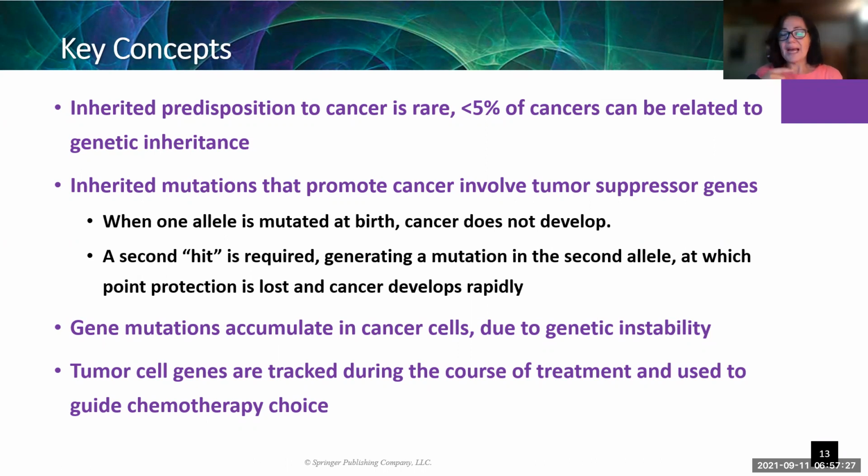And so as treatment for cancer continues with a particular patient, you may see the evolution of this cancer. There may be more mutations that arise, and you have to go after the cancer cells in slightly different ways. So that's why tumor cell genes are tracked in the course of treatment, because if there's a new mutation that we know how to treat, there may be a new medication added.